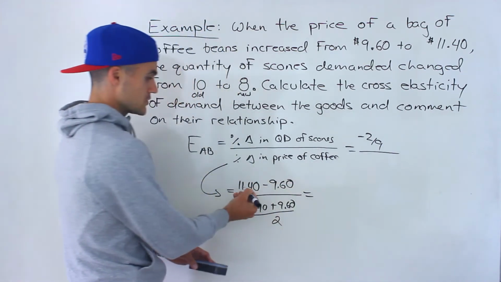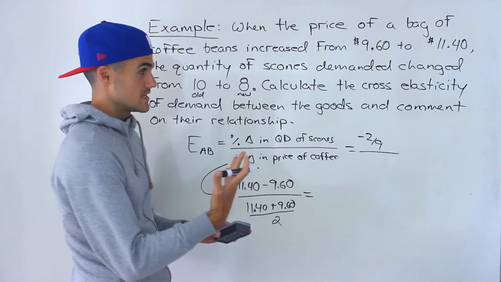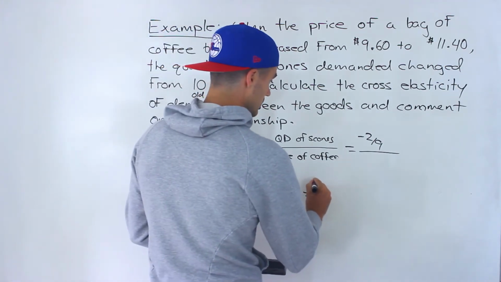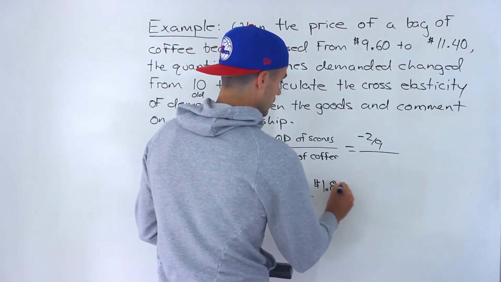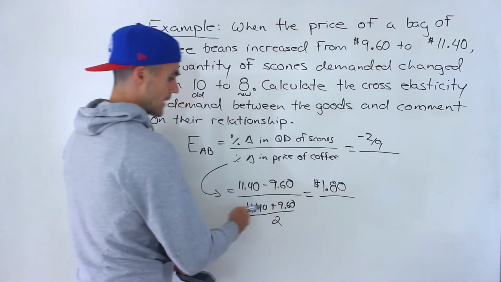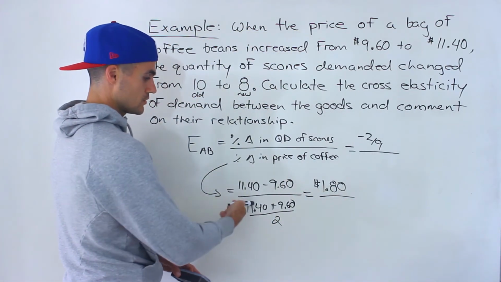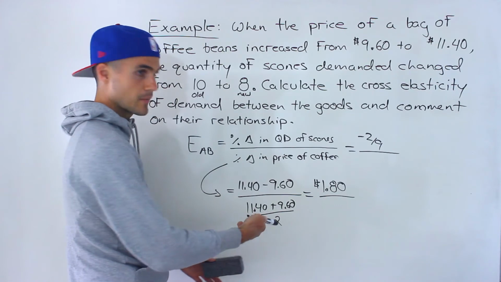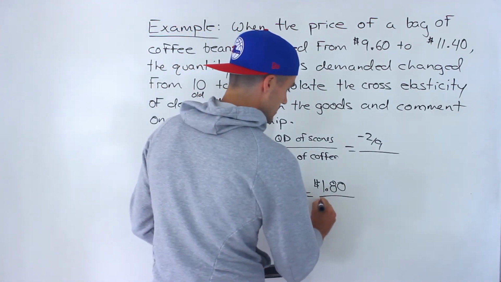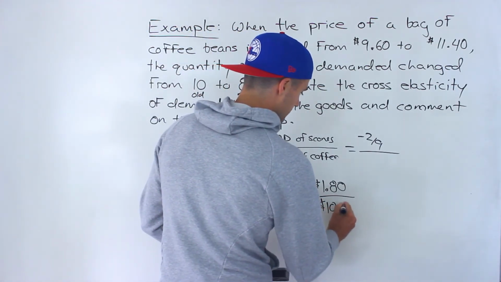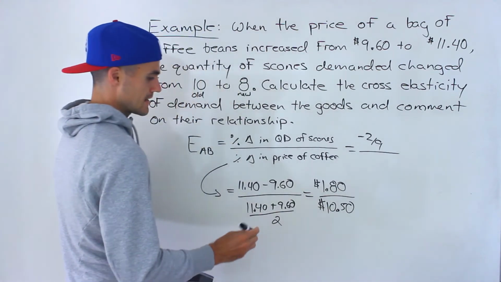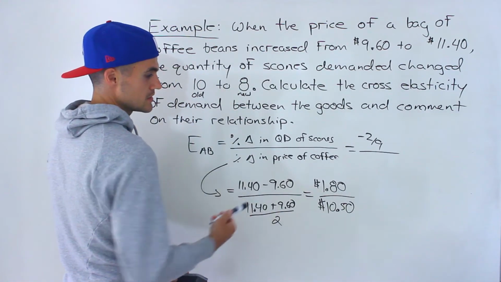Notice that the difference between the prices is $1.80. And if you add these two, you'd get 21, divided by 2 is $10.50. That's the midpoint price between these two prices.